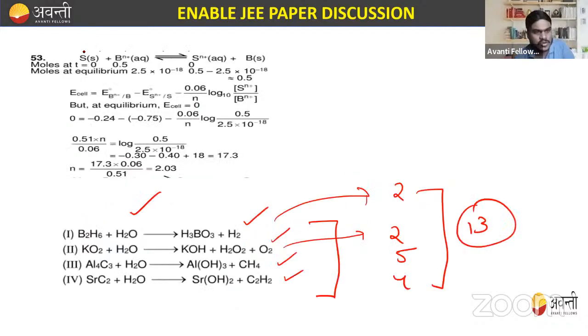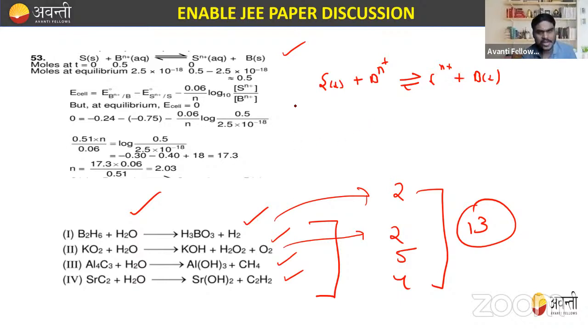Now just use this. We know that S plus Bn+ gives us Sn+ plus B. Initially, at t equals 0, the moles of S is 0.5 and the moles of the product is 0. Let me explain this again. S is in solid form, and it reacts with Bn+, which is in aqueous form, and this gives us Sn+ and B solid.